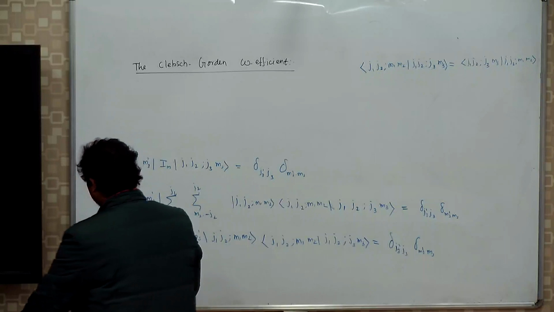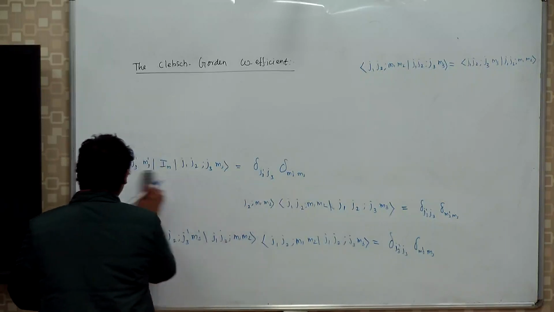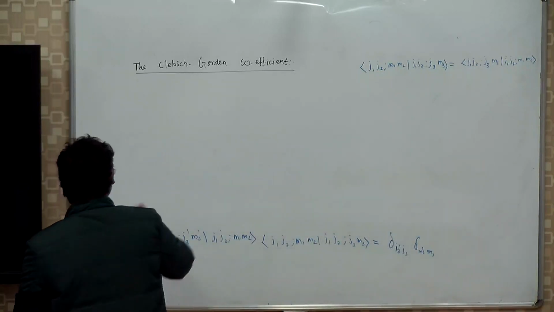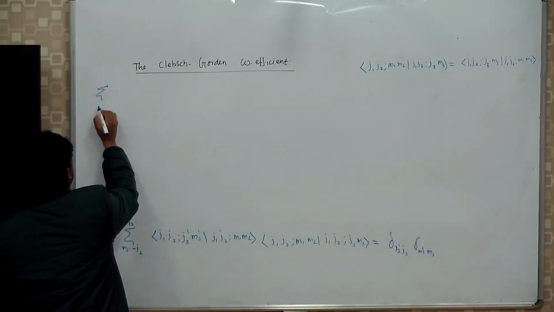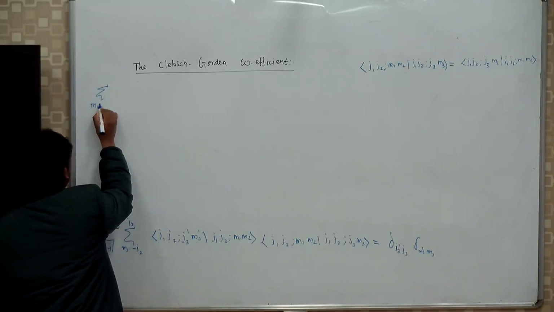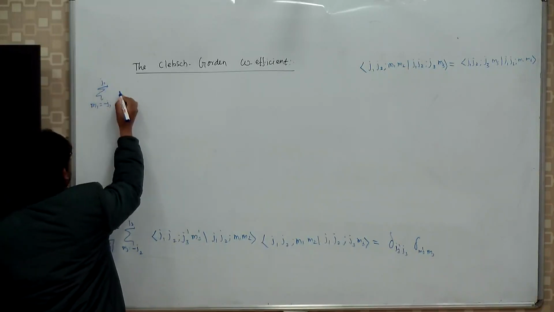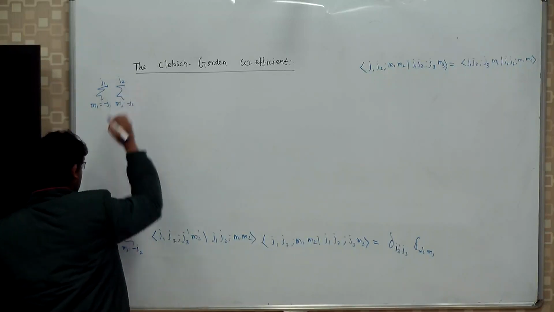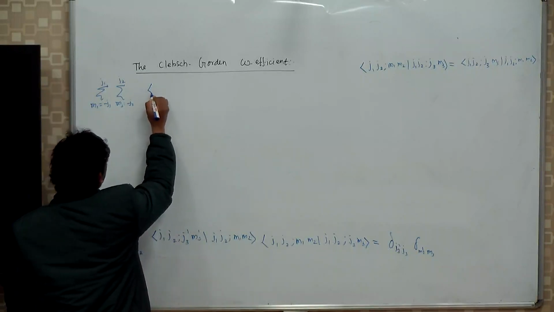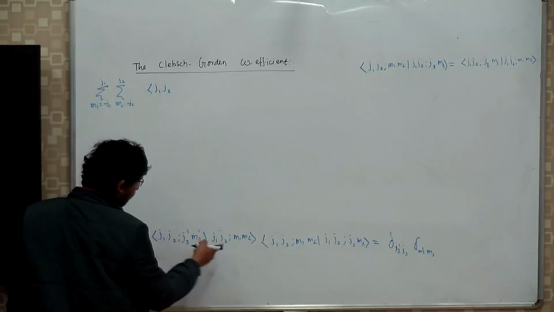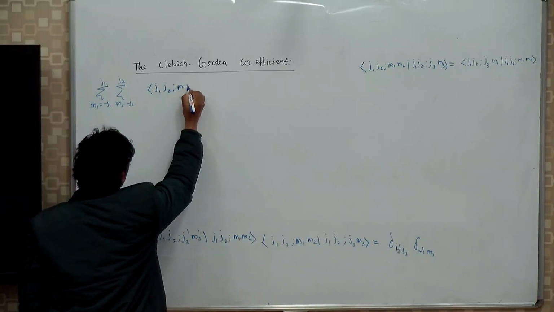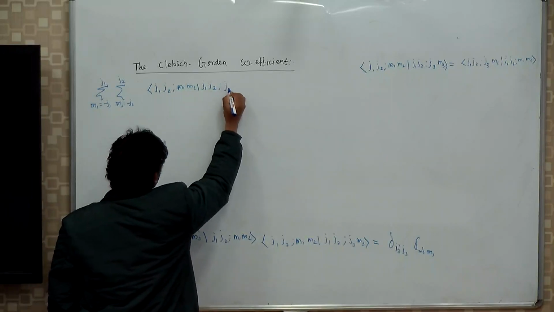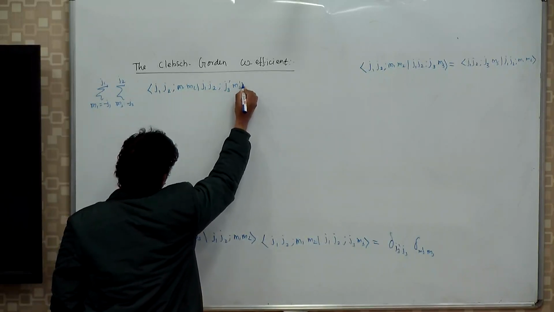So if we write the states interchanged, then again sum over M1 from minus J1 to J1 and sum over M2 from minus J2 to J2, then J1 J2 M1 M2 is coming first, then J1 J2 J3 dash M3 dash.